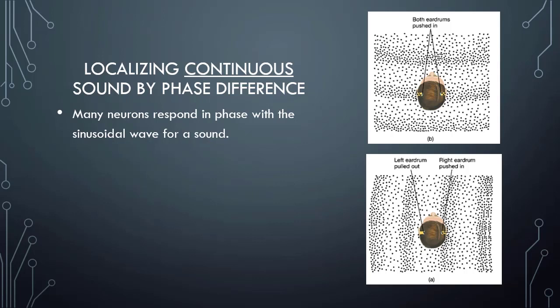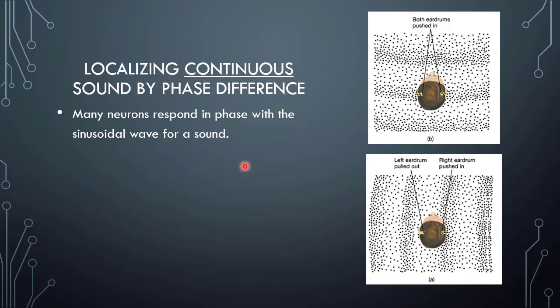Now, there are actually a couple of different ways that we're able to do this. So we can localize differences in continuous sound, especially for low frequency sounds, by a phase difference.